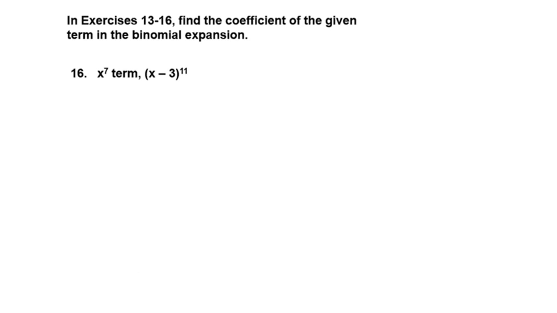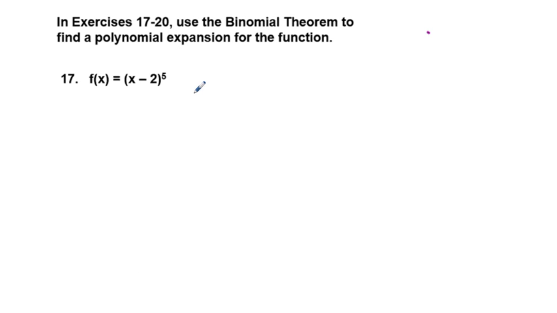We'll go on to the next set here, which is going to be part 17 through 20, and in this case, this one here, 17, is use the binomial theorem to find a polynomial expansion for the function. And I'm going to write out what this looks like. We're going to have some coefficient times x to the fifth times this y thing here, negative 2 to the 0 power.